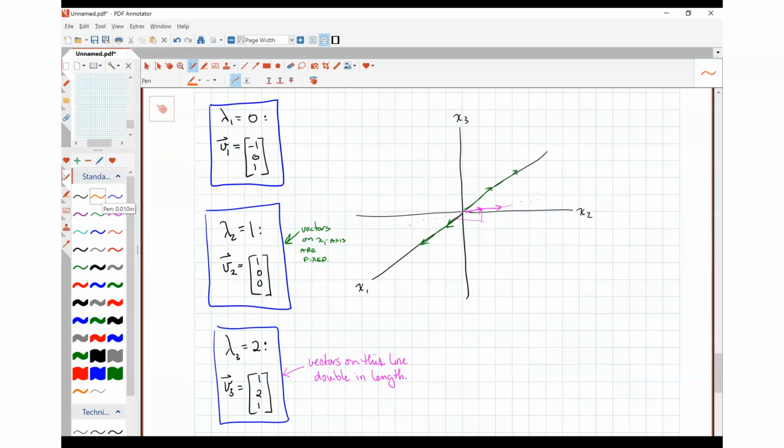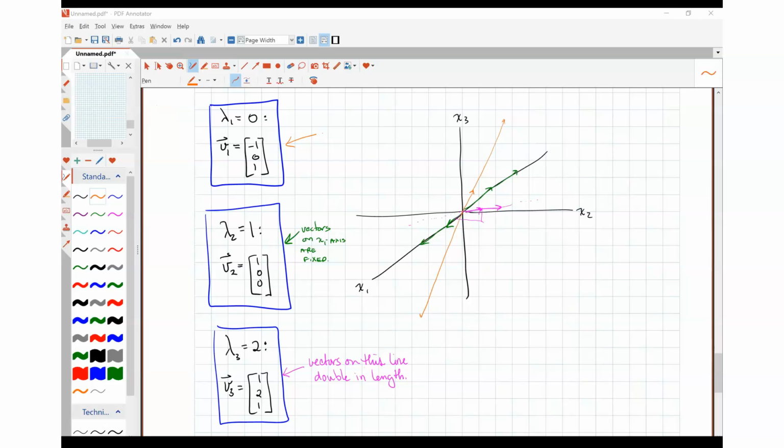But the most interesting one, I think, is this first eigenpair. So that direction, let's see, -1, 0, 1. That is in the x1, x3 plane. There's the span of that vector.